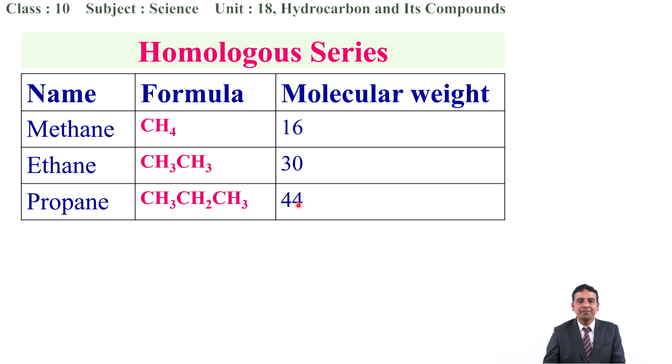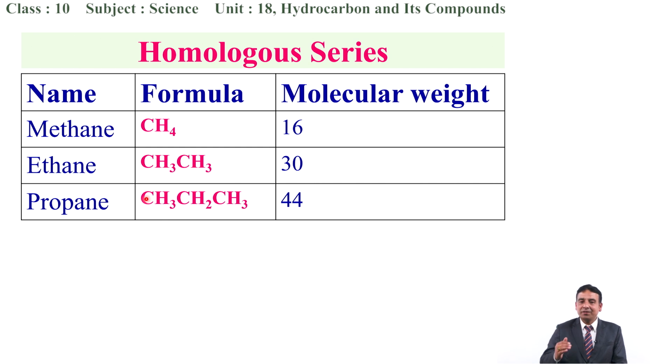Obviously, the molecular weight of the first compound and second compound, what is the difference between these 2? 30 minus 16, then you will find the difference. How much? Yes, 14. As well as if you subtract 30 from 44, you will find the same difference. If you go through another one, butane, how much difference do you find in the molecular weight of the consecutive compound? Obviously the same.